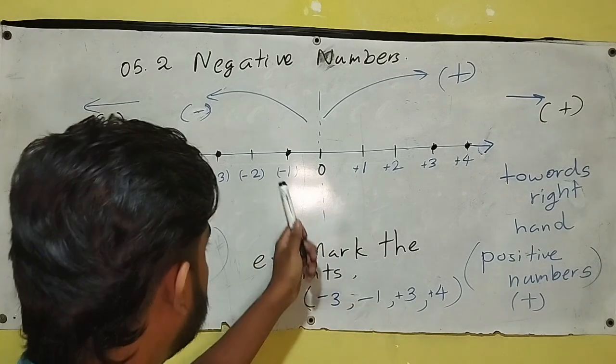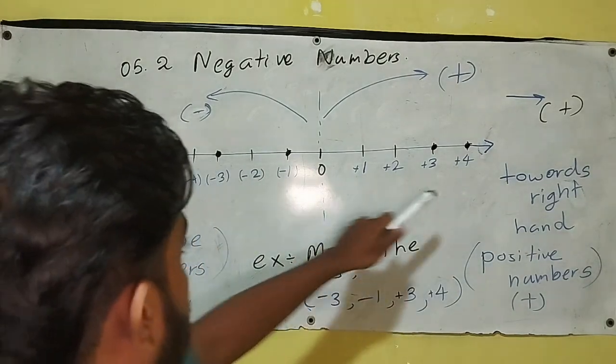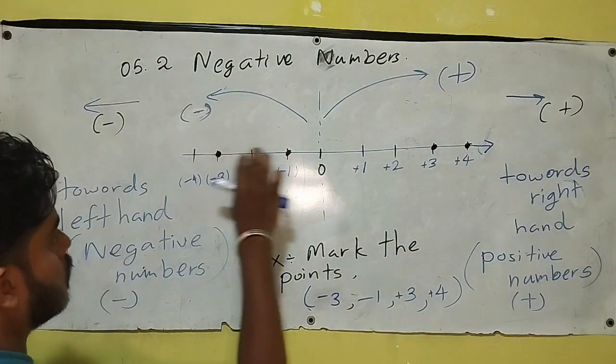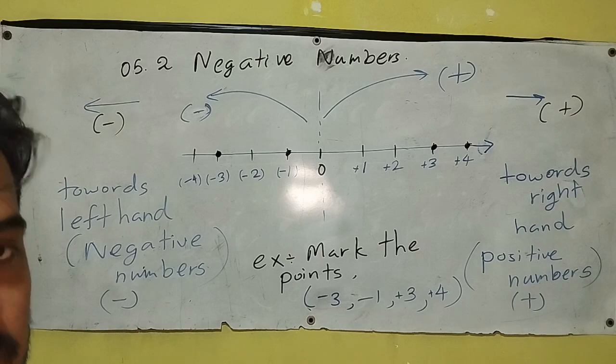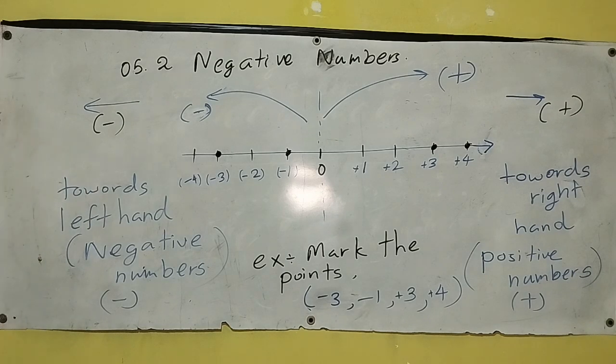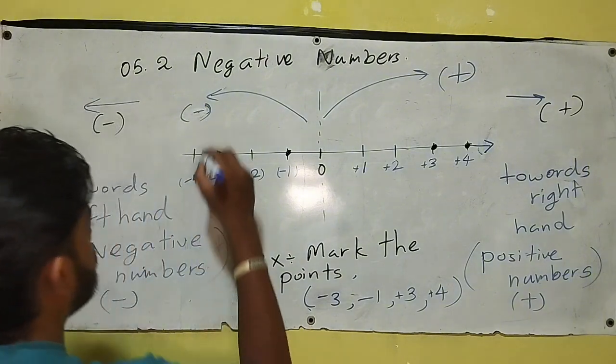Minus 3, minus 1, plus 3, plus 4. And how to mark? This is the idea. Okay. As well as now I am going to denote these points.